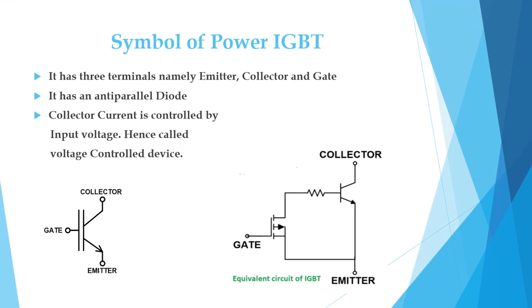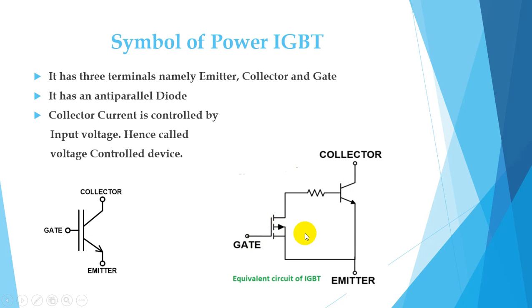The symbol of power IGBT, you can see the diagrams on the screen. This is the symbol of IGBT, and it has three terminals: emitter, collector, gate. We can see the equivalent circuit of power IGBT is the combination of MOSFET and BJT.